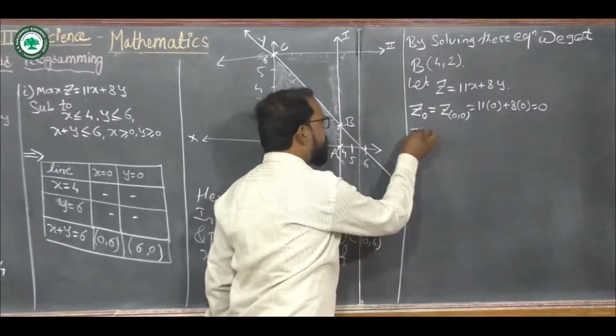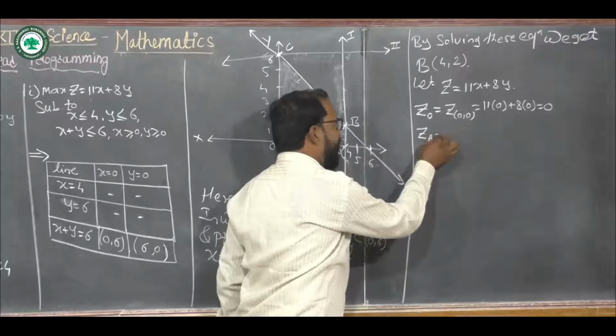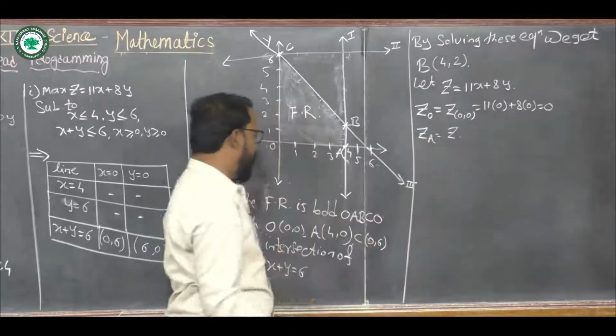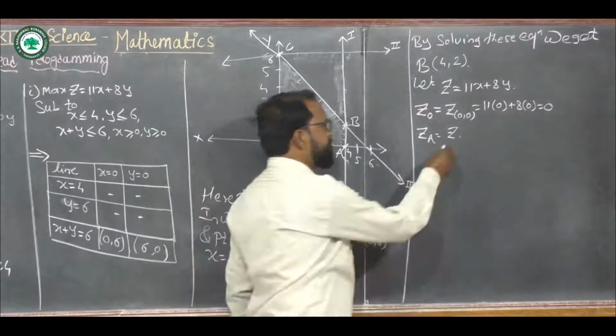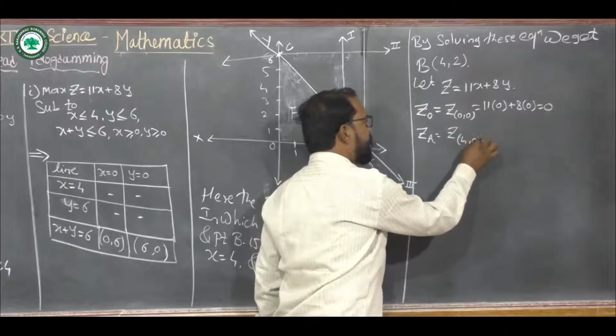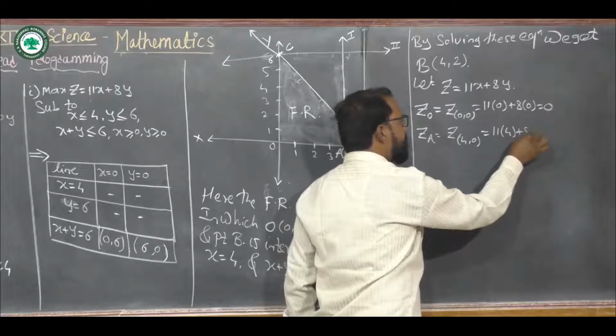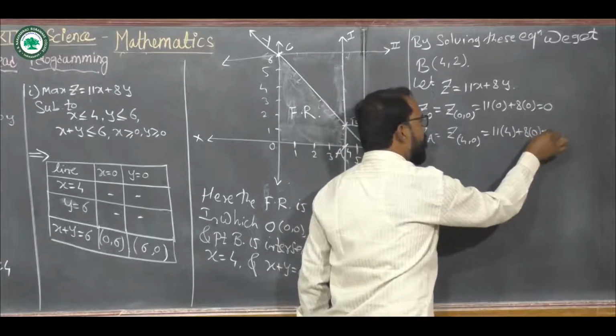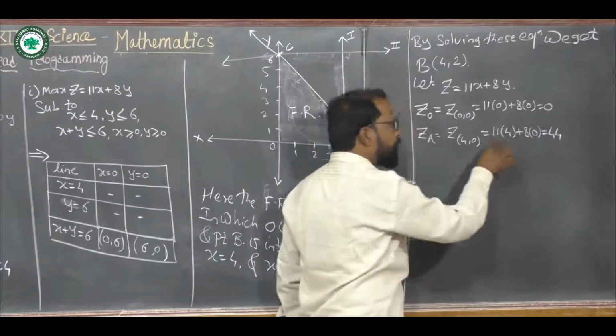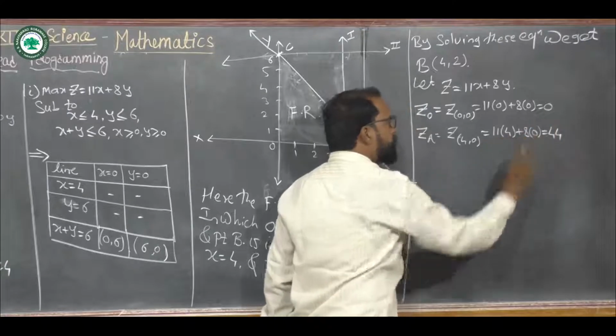Next is z at A, and the coordinates of A are 4, 0. So it gives 11 into 4 plus 8 into 0, which is 44 plus 0, that is 44.